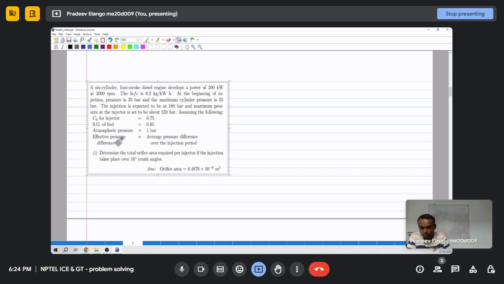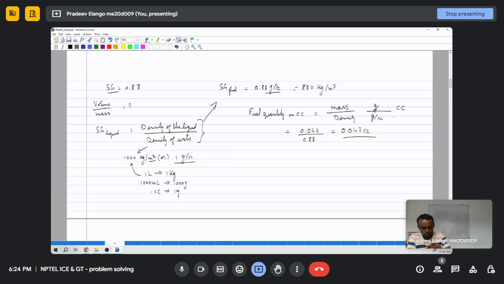Sorry? No, specific gravity we saw, no? It is the density of the liquid divided by the density of water. It is normalized to the density of water.